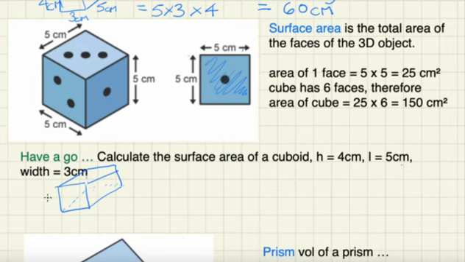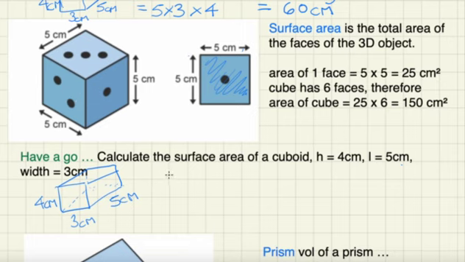So this has a height of 4 centimeters, a length of 5 centimeters, and a width of 3 centimeters. And we're asked to work out the surface area of it all. We can't do it exactly as previously because that applied to a cube. But I'm sure that when you see how this is calculated, it's more or less the same principle.